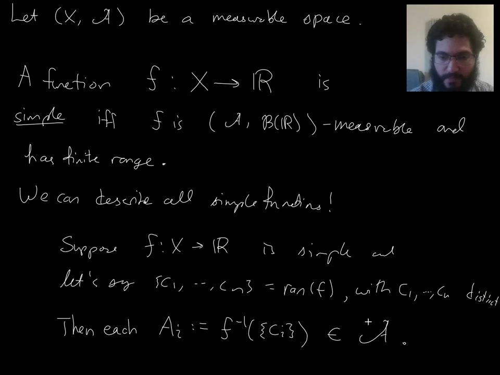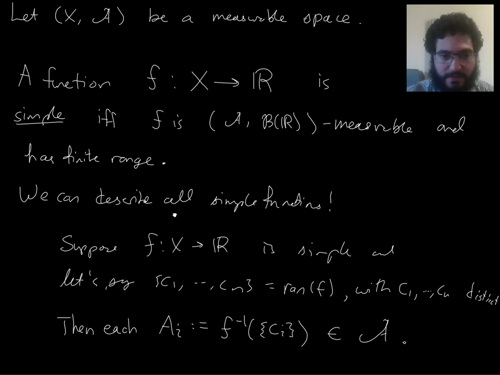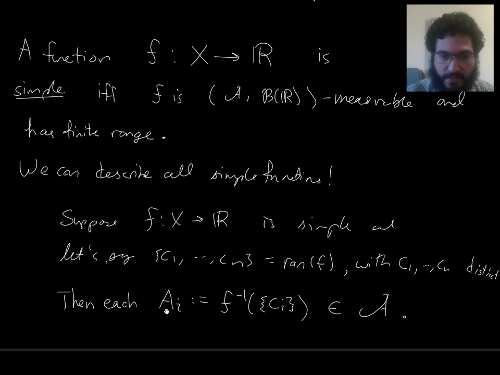Why am I saying that? I'm saying that because f is simple, so that means it's a measurable function. And here I'm taking the preimage of a Borel set. A singleton of a real number is a Borel set, right? Think about why that is. So here's my answer. They're closed. Closed sets are Borel sets.